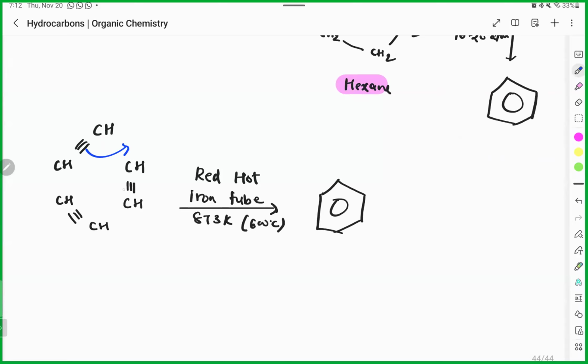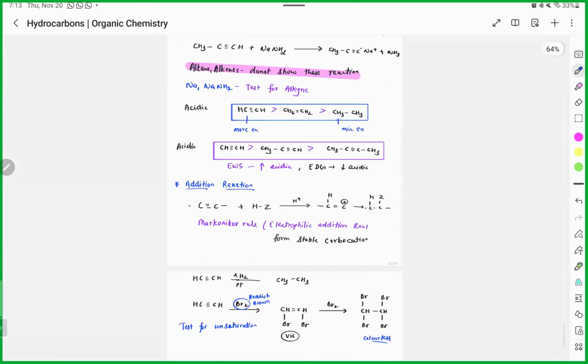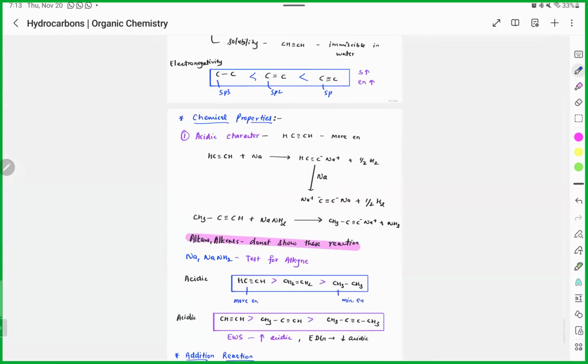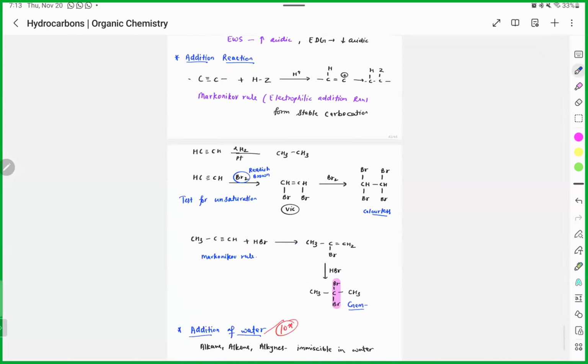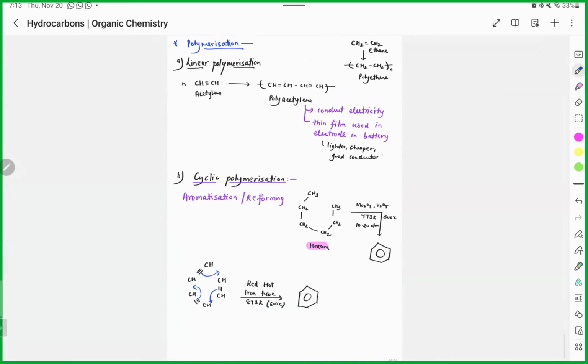It will be a single bond, same double bond to single bond here, same double bond to single bond, right? So all these reactions are important. So what we did here in chemical properties: acidic character, addition reaction, unsaturation test or Markovnikov rule, addition of water is important, and then polymerization.